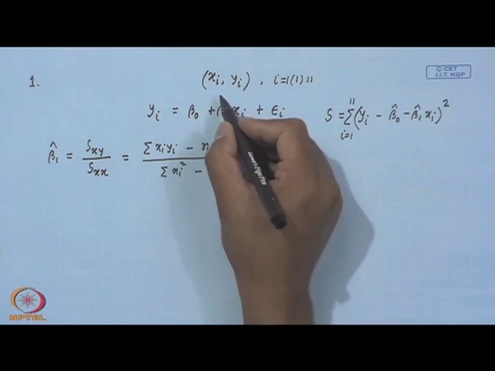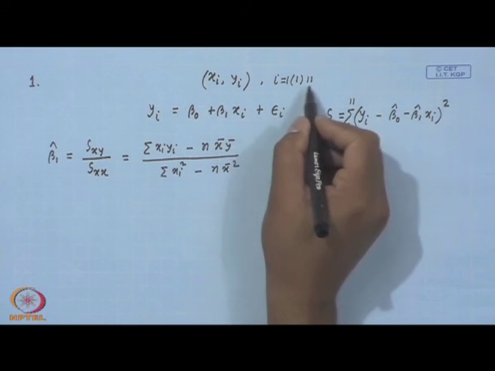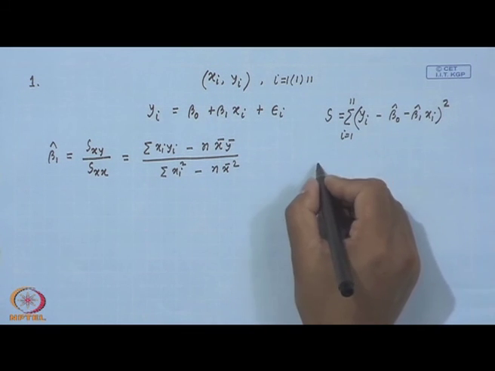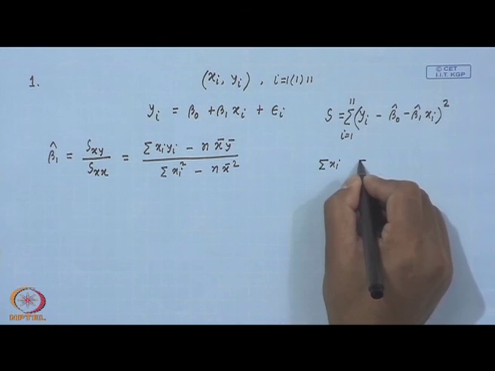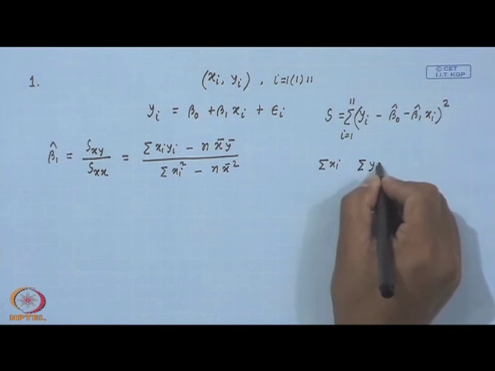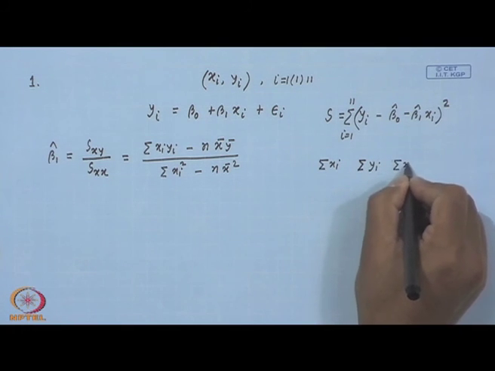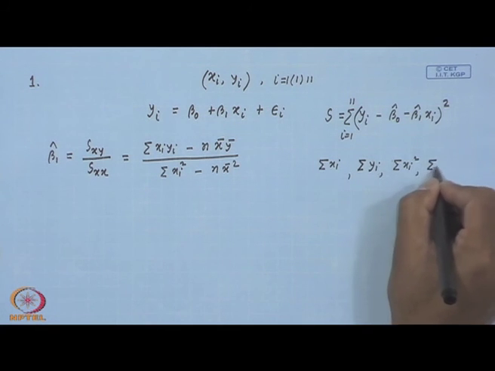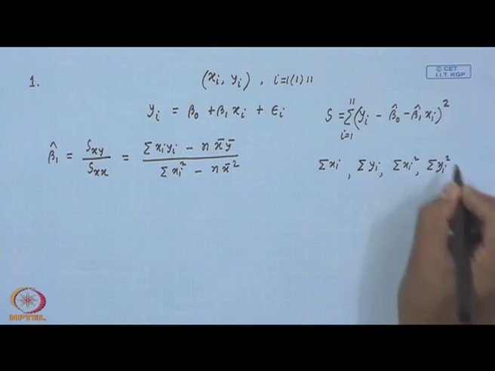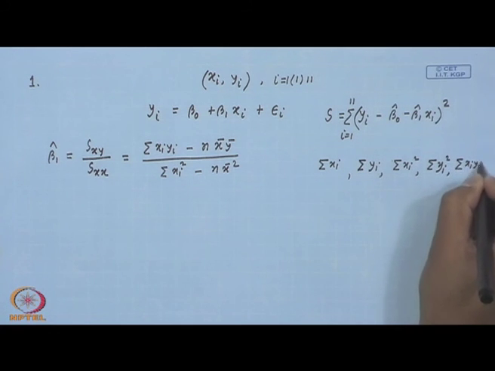So, you are given x I, y I for I equal to 1 to n. The best thing is that you compute the sum over x I, summation y I, summation x I square, summation y I square and also the product x I y I, then you are done.